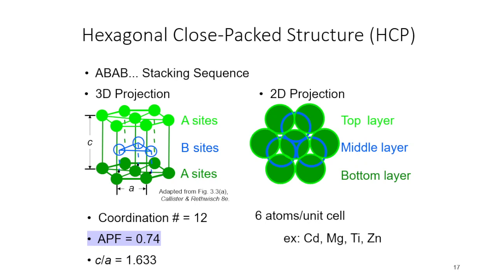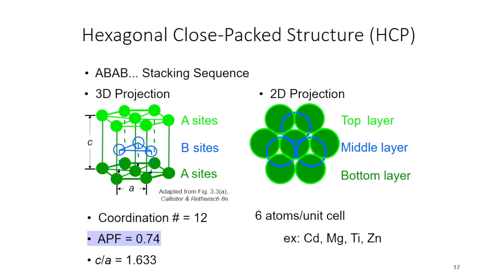Next, we will look at the parameters, the lattice parameter and everything else of this particular HCP structure. First, the lattice parameter is as usual, right? 1, 2, 3, 4, 5, 6, 7.